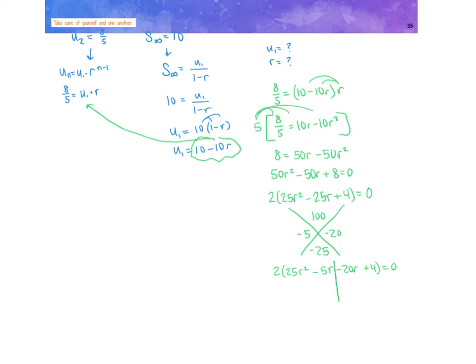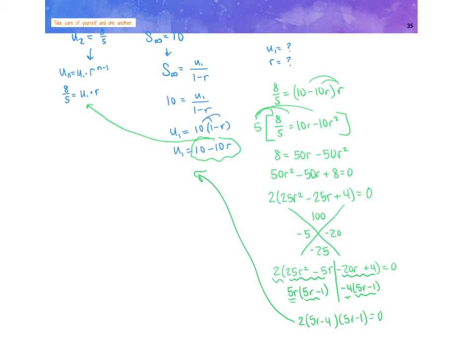Now I'm going to draw a line in the middle, and out of this side I can factor out 5r, and I'm left with 5r minus 1. And out of this side I can factor out a negative 4, and I'm left with 5r minus 1, which is good. We wanted the same thing. And then the coefficients go together in one parentheses. And let's not forget about that 2, although it's not going to help us.